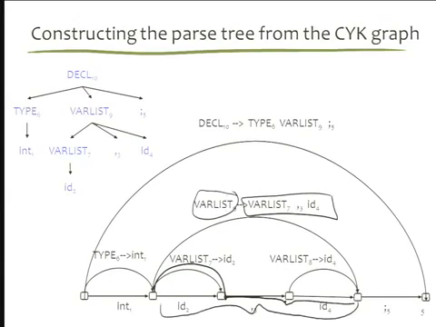What do you really do? You have discovered that this production is going to be used in the parse tree. So you find the right-hand side, place the edge. At that time, you can build the parse tree. That's it. It's as simple as that. So the derivations, the rules that you use to build a CYK graph, are used also to build a parser.